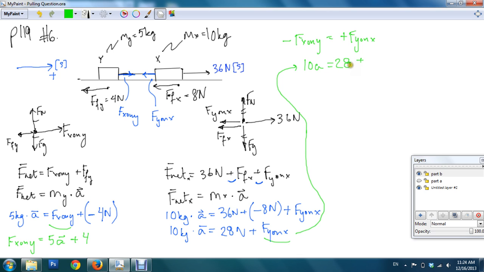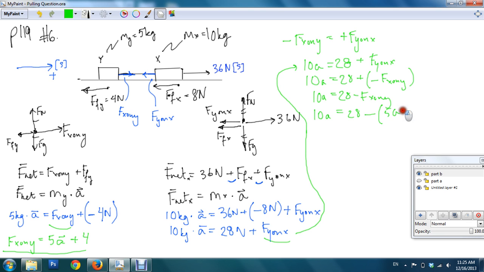So 10a is equal to 28 plus negative Fx on y. So 10a is equal to 28 minus Fx on y. Sorry, it's a bit long. 10a is 28 minus Fx on y. So Fx on y is 5a plus 4. So 10a is equal to 28 minus 5a minus 4.